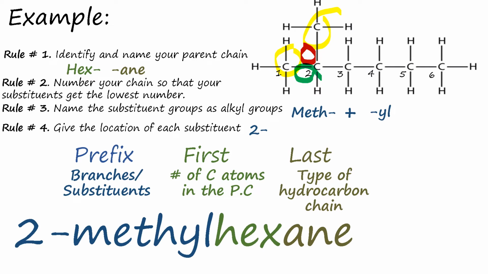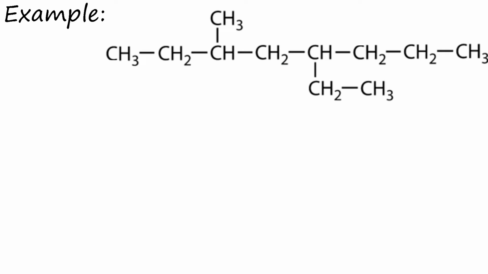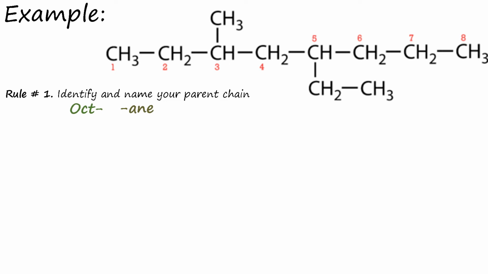Now let's do another example. First identify and name your parent chain. In this case we have 8 carbon atoms, that gives the first name of oct, and since it's an alkane we're gonna have a last name of A-N-E. Next, number your chain so that the substituent gets the lowest number.